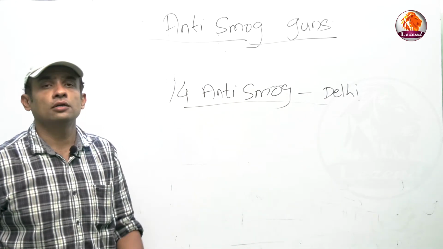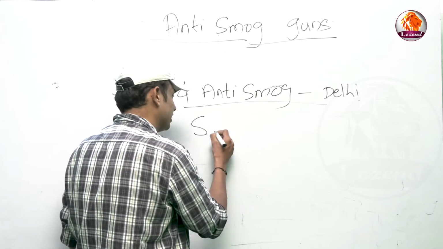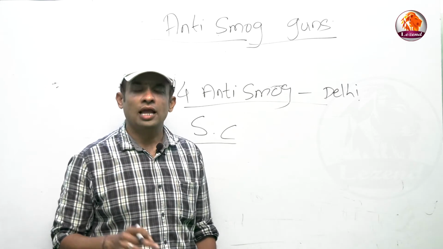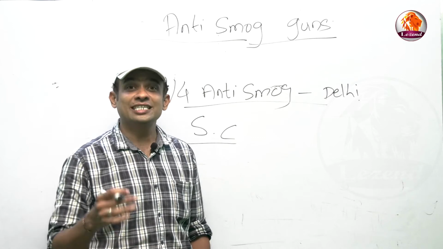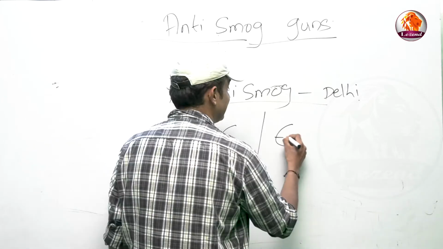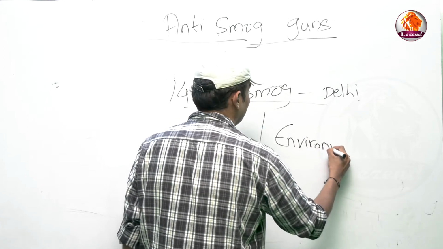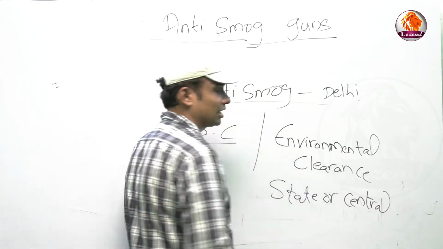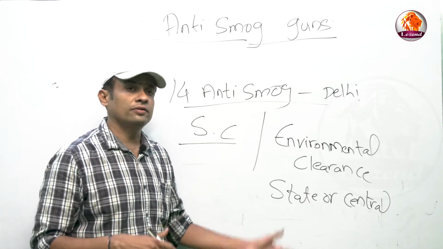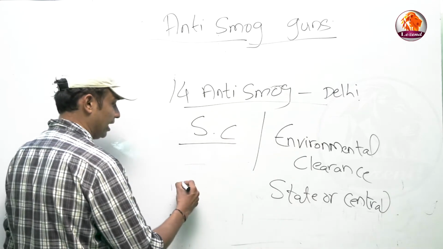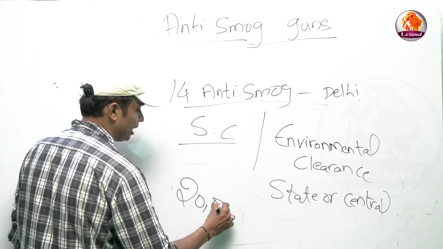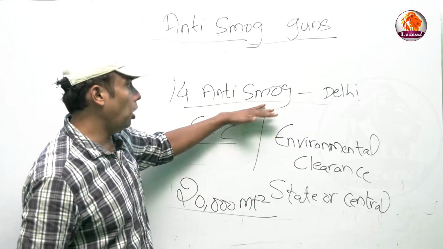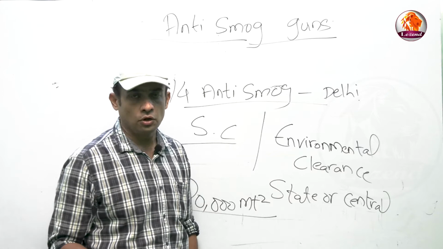Because previously in January, the Supreme Court of India gave a ruling that every project which needs environmental clearance from the state or central government, and if it occupies an area of 20,000 square meters, then it has to install anti-smog guns in its premises.